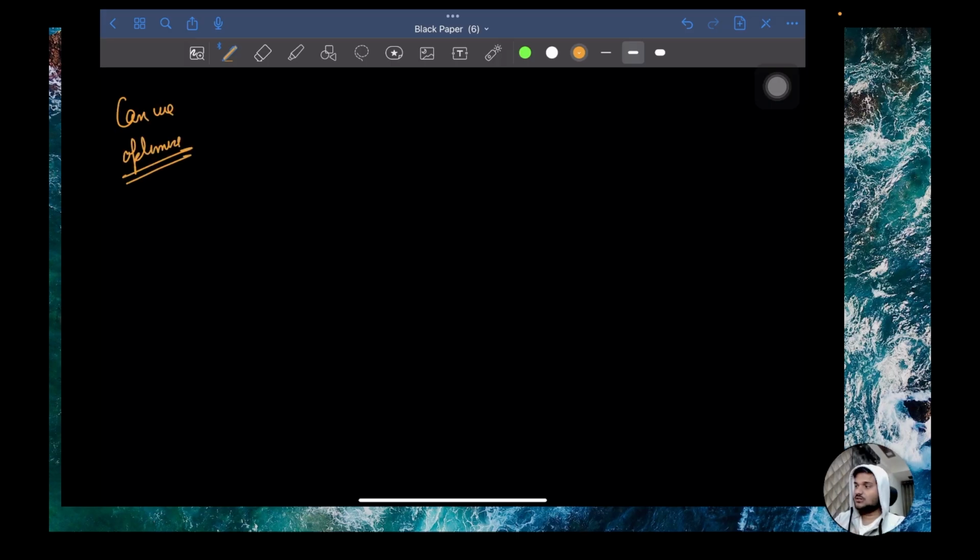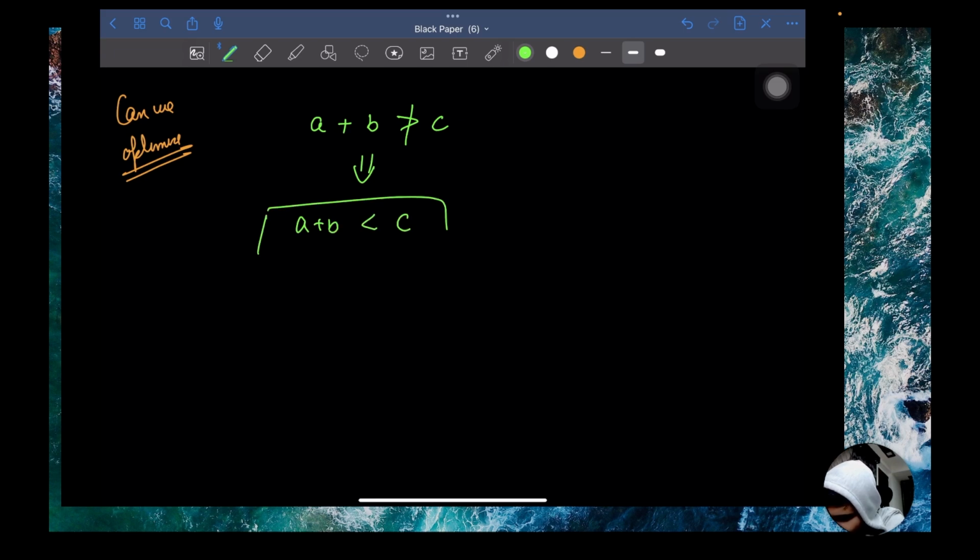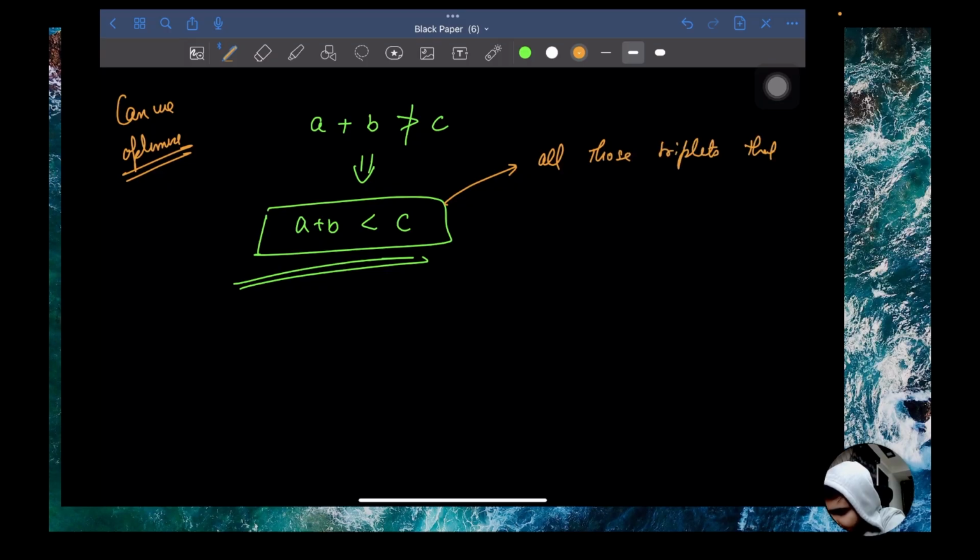Now the optimization is hidden behind this thing, that there should be a pair of elements such that the sum of the elements is not greater than some third element, or you can write it like there should be a pair whose sum is less than a particular value c. All those triplets that follow this rule are our answers.